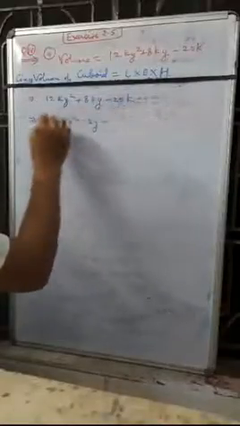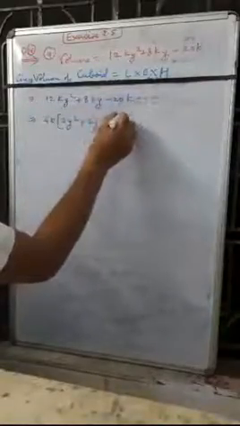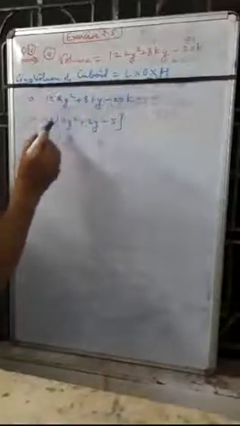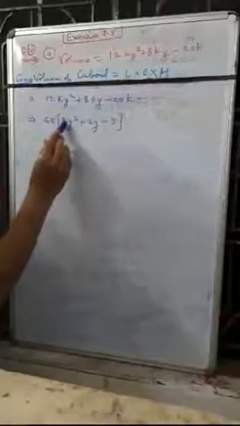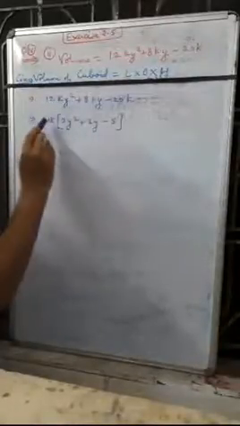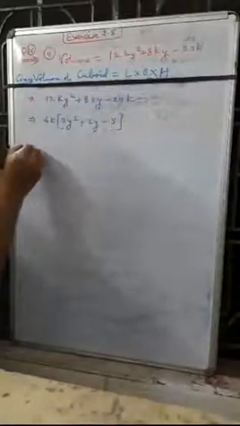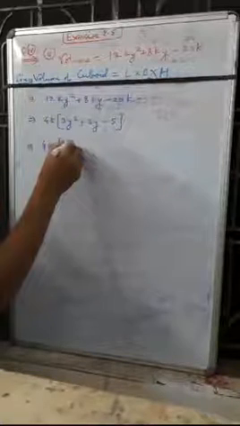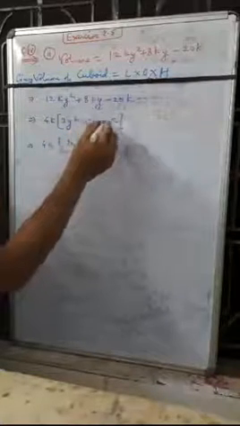So now we will check the previous term, it is correct or not. So 4 3s are 12ky square, and 4 2s are 8ky, and 4 5s are minus 20k. Now we are having the term 4k, and another equation is 3y square plus 2y minus 5.